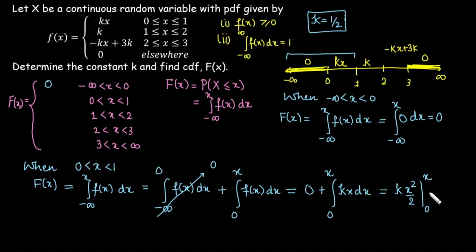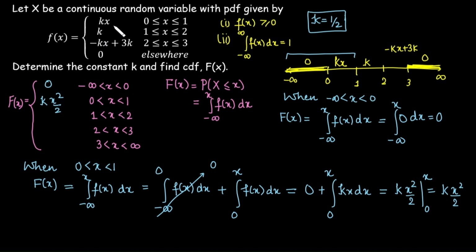Substitute upper limit minus lower limit. What we have that is k into x square by 2 minus 0 that is 0. So in this case the CDF is equal to k into x square by 2.